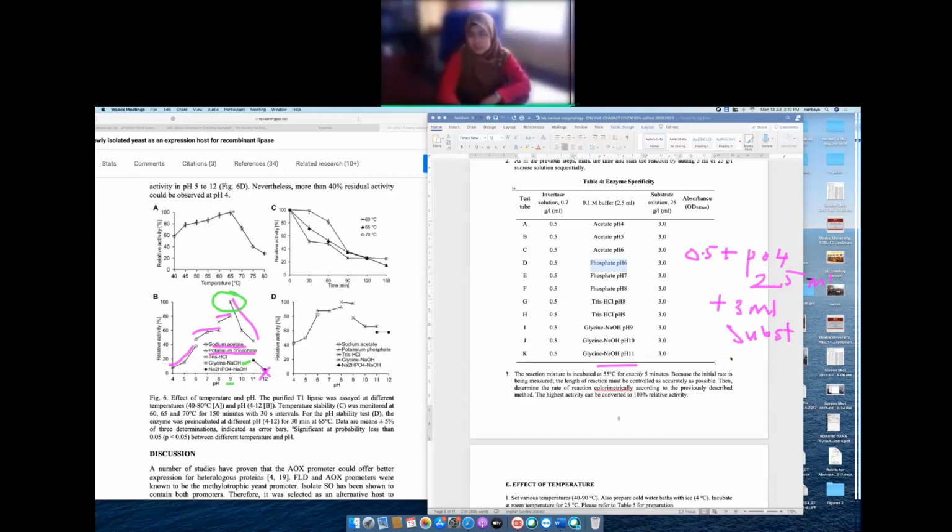After that you will assay at 55 degrees, and then just proceed with the standard experiment procedure.